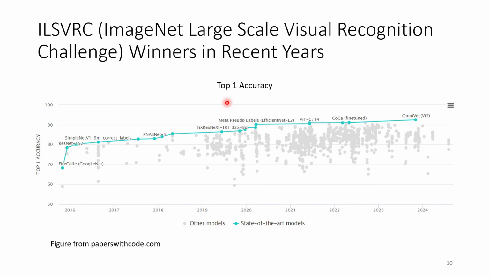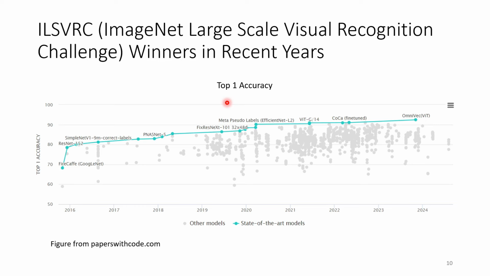There is another metric called top-5 accuracy. It means you can have 5 choices. If any of the 5 matches the ground truth label, the prediction counts as correct. But top-one is more difficult because you can only count the best one.